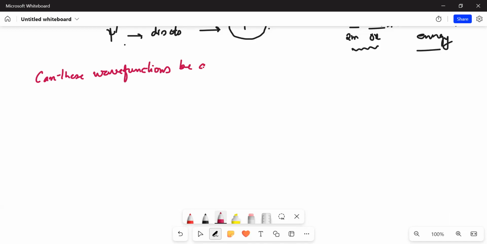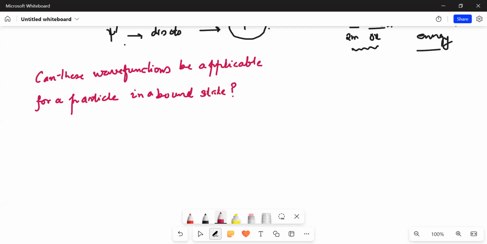Can these wave functions be applicable for a particle in a bound state? Here n is a constant and alpha, beta are greater than 0.